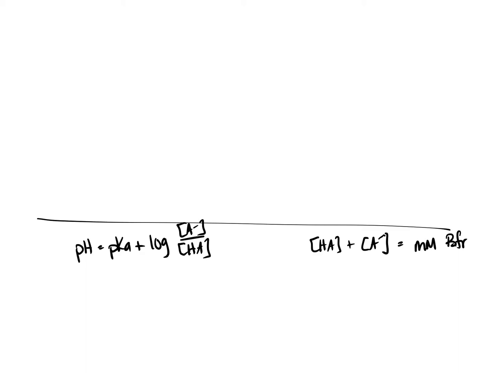So again, having two equations is important because remember, if we're just using the Henderson-Hasselbalch equation, when we solve for the ratio of A minus to HA, this tells us the relative amounts of each that we need to have, such that we're going to shift the pH from the pKa value if they are not present in equal amounts.